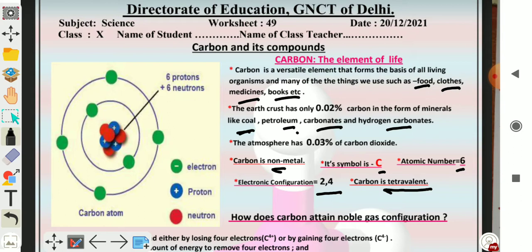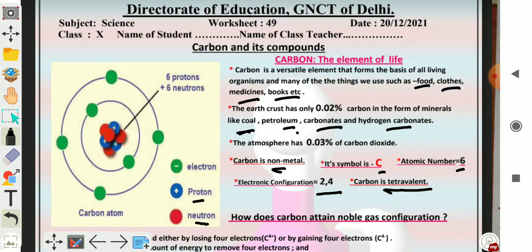Each atom of carbon contains 3 particles: electron, proton and neutron. Electron carries negative charge, proton carries positive charge and neutron carries no charge.